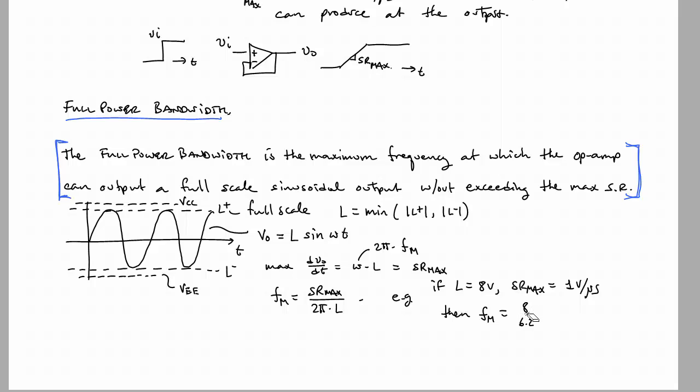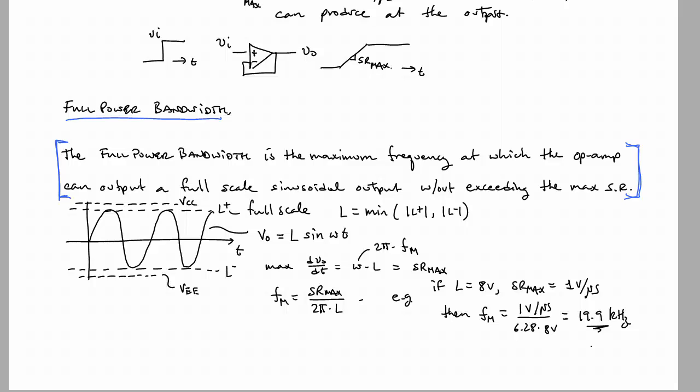Wait, sorry, upside down. Okay, 1 volt per microsecond divided by 6.28 times 8 volts equals 19.9 kilohertz. Now, that does not mean that the op-amp cannot put out a signal that's higher than 19.9 kilohertz.